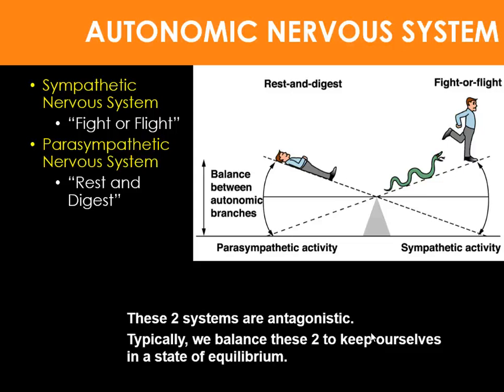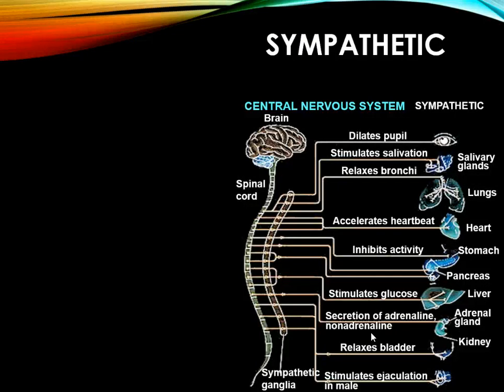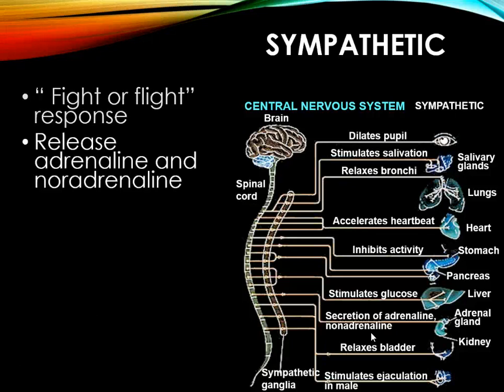And so these two systems are antagonistic, and so they have to be balanced in order to keep a state of equilibrium. Right? So the sympathetic nervous system, like I said, is the fight or flight, and the trigger for this is adrenaline and noradrenaline. And so here are some of the things that adrenaline and noradrenaline do, right? And so you can see what's responsible for it and then what happens.